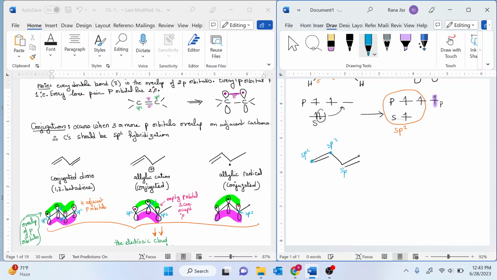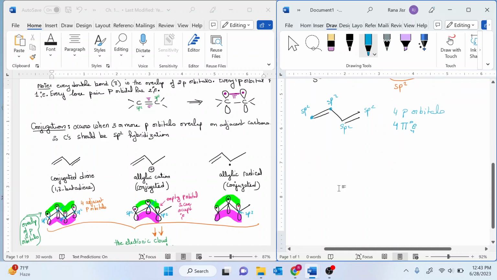So now I'm going to end up having 4 p orbitals. And every 2 p's make 2 electrons because there is 1 electron in every p. So the system here has 4 pi electrons, meaning that 4 electrons belonging to the p orbital. This is how you determine the number of electrons in your system.